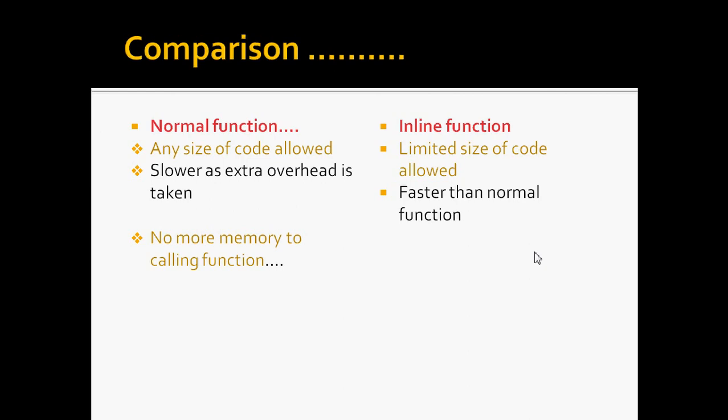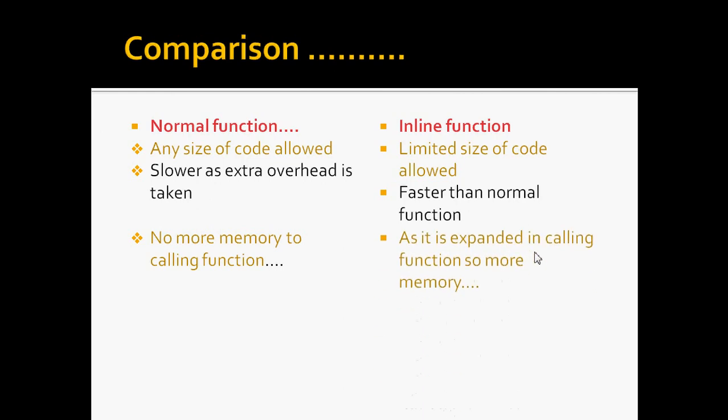If I do not use the factorial function, and I have to find the factorial 5 times, then I'll be writing the code of finding factorial 5 times, which means a lot of lines included in my logic. But if I make a normal function, then no more memory is used in the calling function.